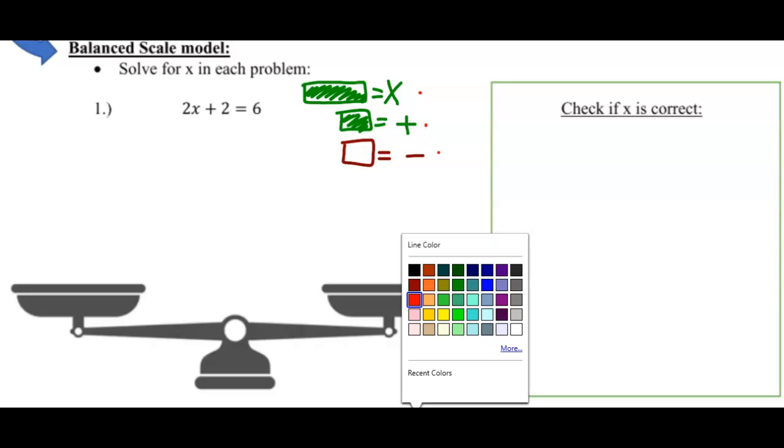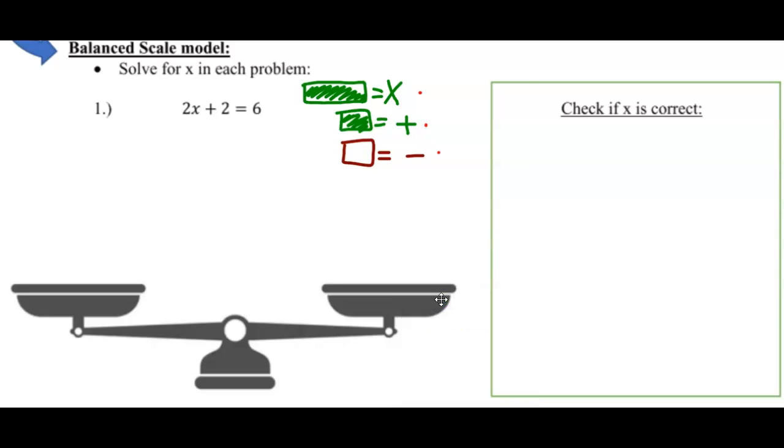So for our picture, I'm going to use green, and I am going to put two x's on this side. Okay, I'm going to put my two rectangles over here, and I'm going to color them in because they're positive.